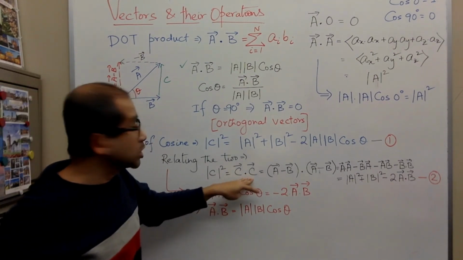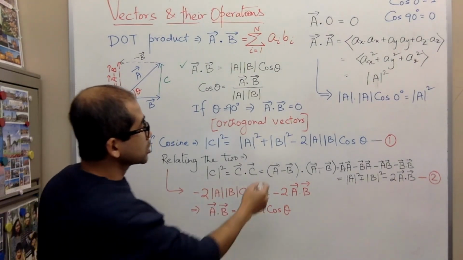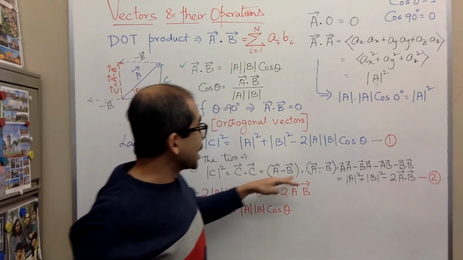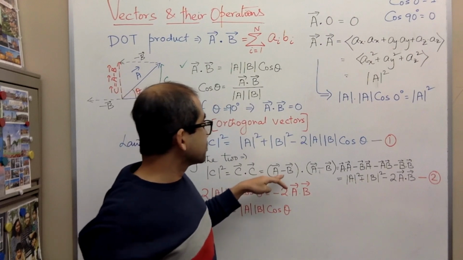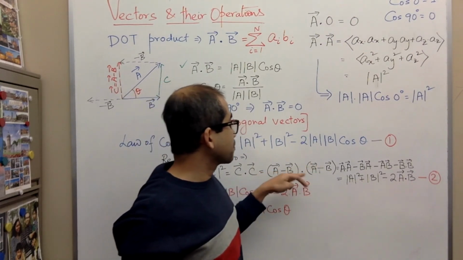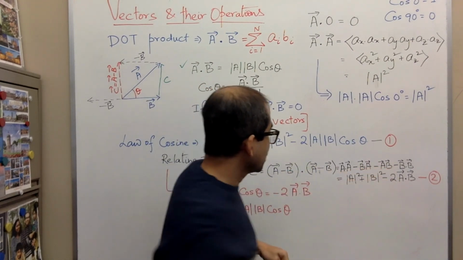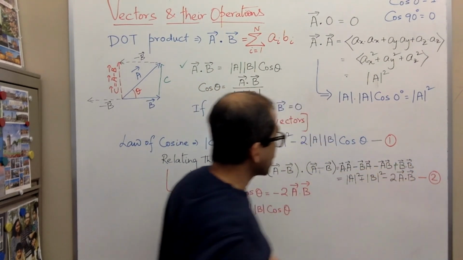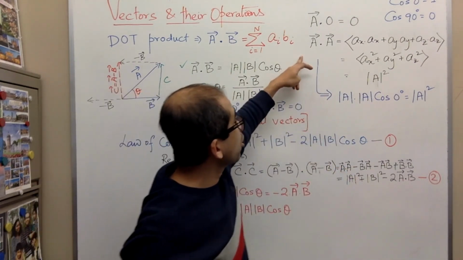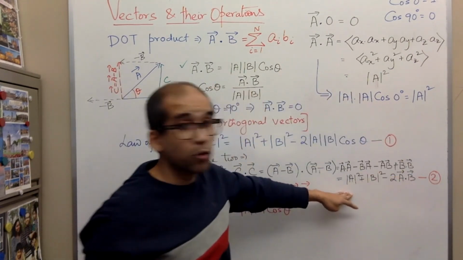So if we do c square, c times c, this is a minus b times a minus b. If we expand, a times a, minus b times a, minus a times b, plus b times b. Now mod a times mod a, we already know this is mod a square, so we put mod a square.